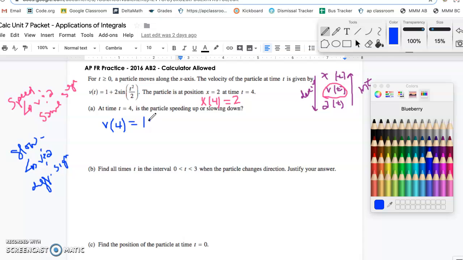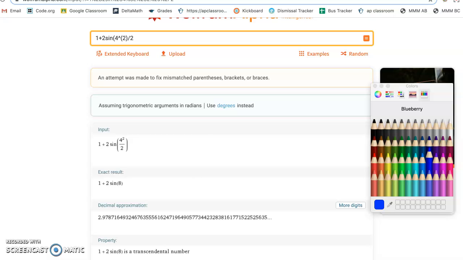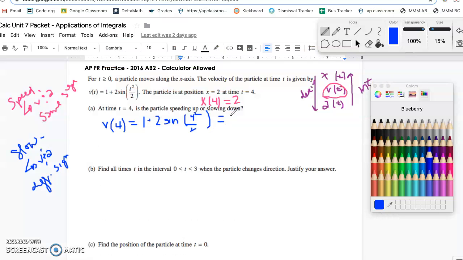I'm plugging 1 plus 2 sine of 4 squared over 2 straight into my calculator. And when I do that, I get, I believe, 2.978.